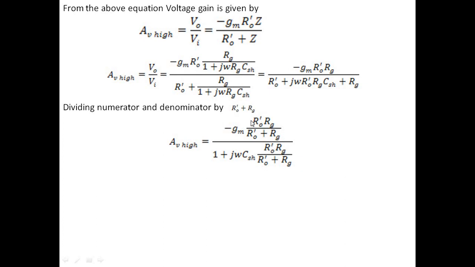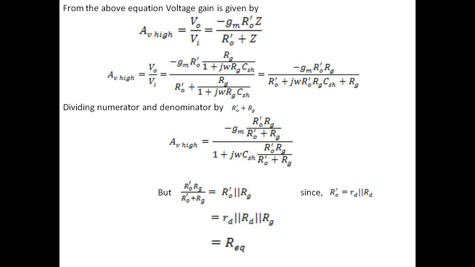Now we know R naught dash is small rd in parallel with capital RD. If you replace this, you will get this term as R equivalent. Now replace this with R equivalent: minus Gm R equivalent divided by 1 plus j omega CSH into R equivalent.